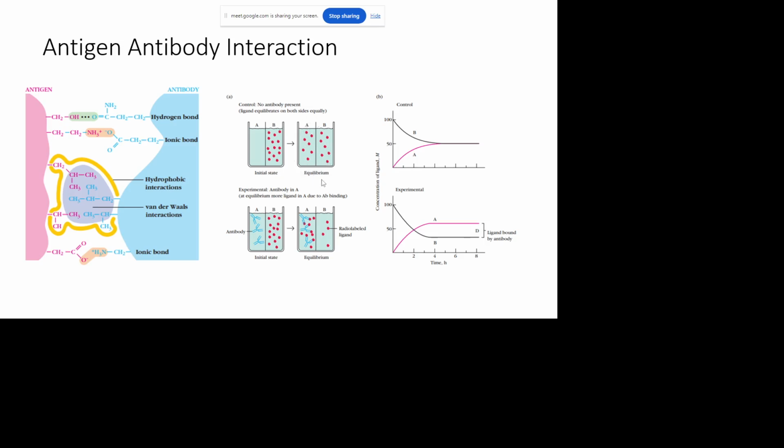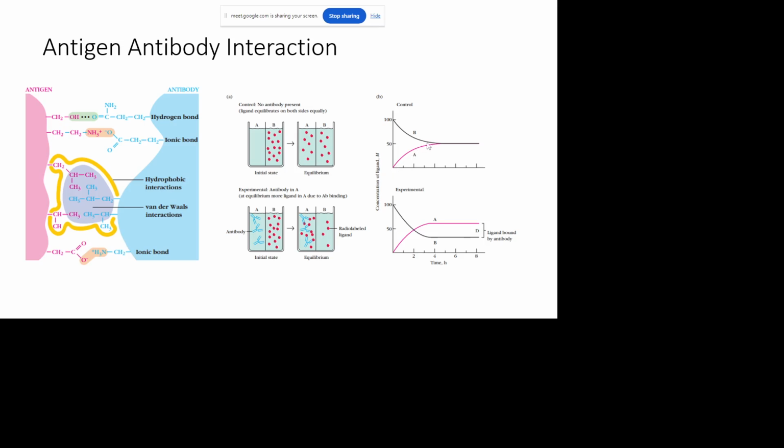So upon equilibrium, the concentration in A will be increased, because initially it was 0, but when you allow the migration of antigen from B to A through the semi-permeable membrane, then the A compartment will start rising in terms of concentration of this antigen.